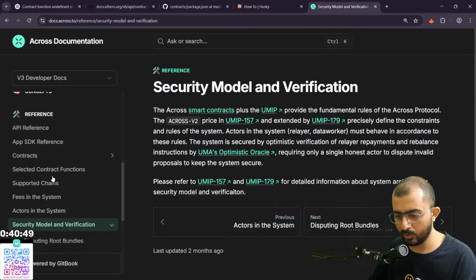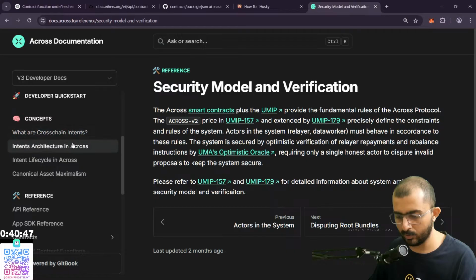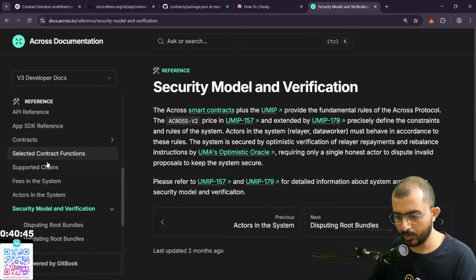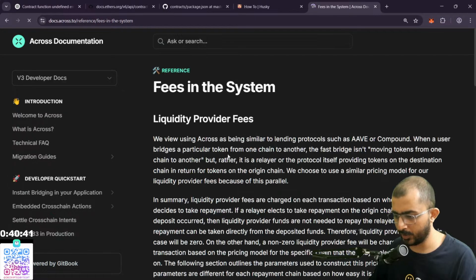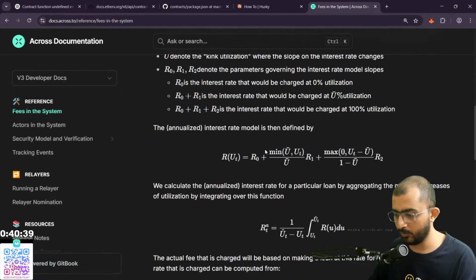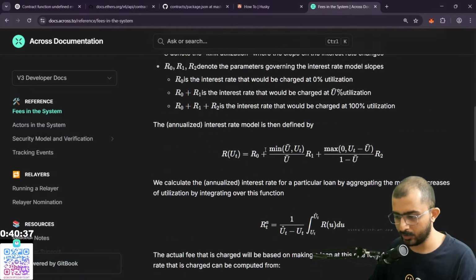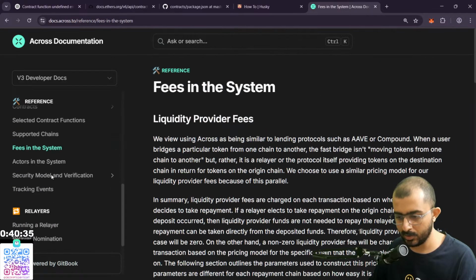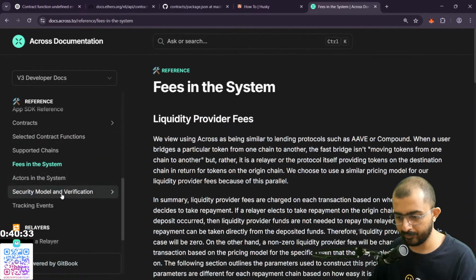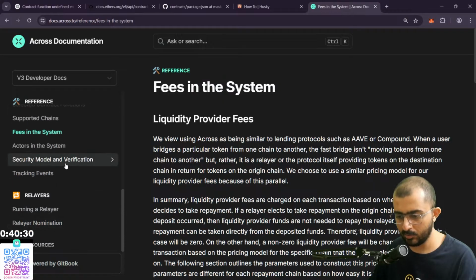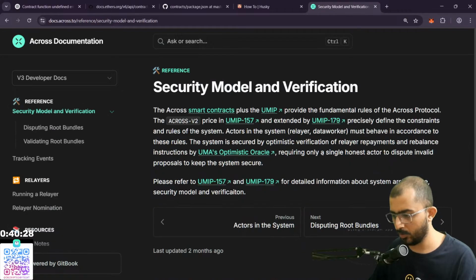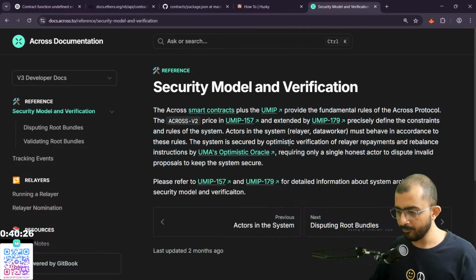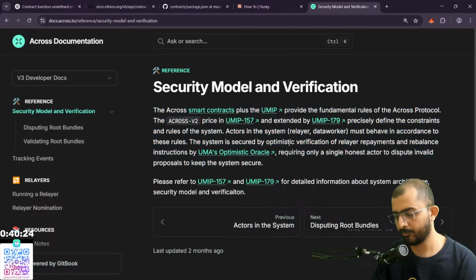Yeah, we haven't gone through all of these, right? We went through concepts. Next, actors, fees. We did learn about fees, I guess. No, we didn't. This is something else. And what? Relay. But we didn't go through the security model. Okay. Let's learn about it. Security model and verification.